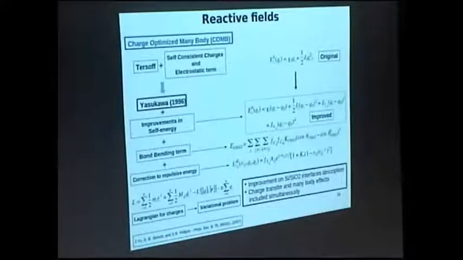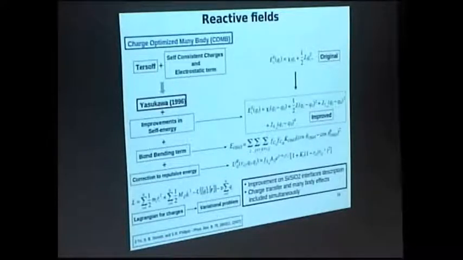Then after this, we have a really nice potential that appeared in 2007. That would be the COMB, charge optimized many body potentials. Actually, the name can be used for many parameterizations that are similar.